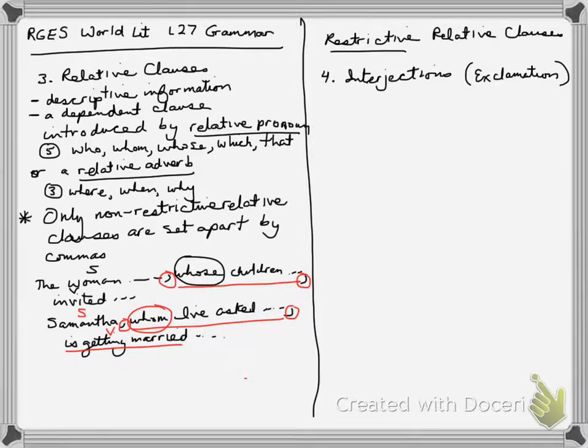Interjections can stand alone as minor sentences with an ending punctuation mark after them, a period, an exclamation point, or a question mark. However, since interjections are not proper sentences, some writers prefer to attach them to a complete sentence with a comma. Okay. So either way, you can do it. You can have them as a minor sentence with an ending punctuation.